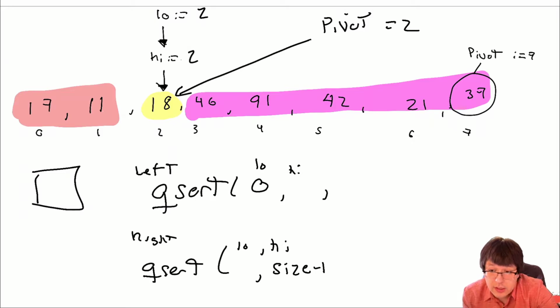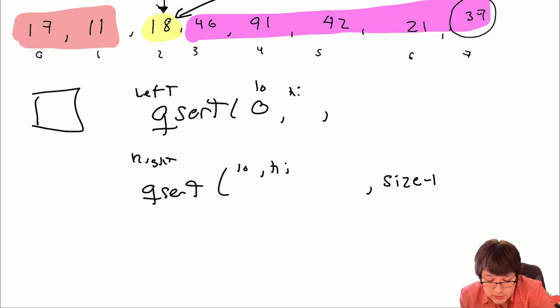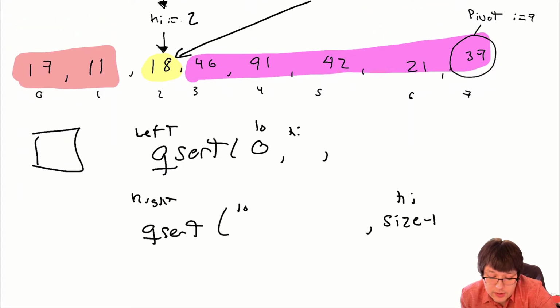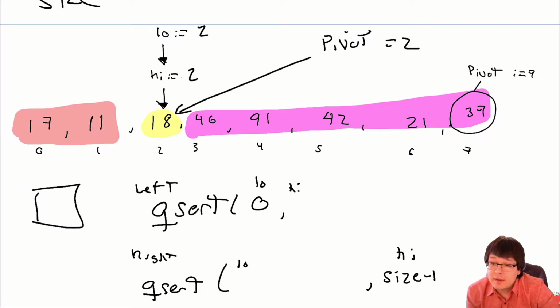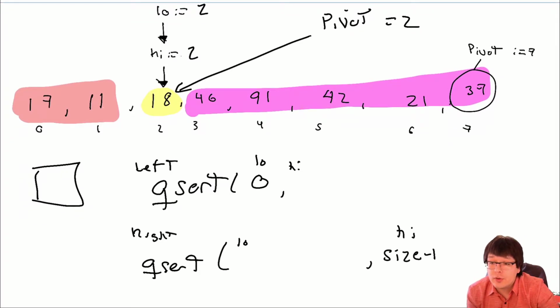Now, the quote-unquote hard part, though I wouldn't really call it hard, you just have to know what to do, is to compute the new low in this one or the new high in that one. You need to see where the pivot is, and then base your high or low on plus or minus 1 of that.